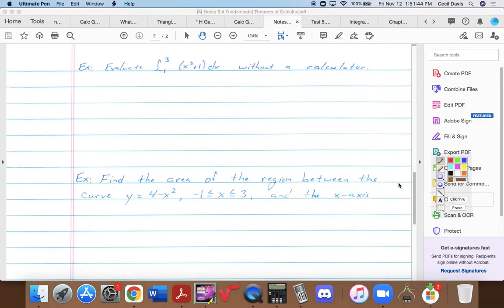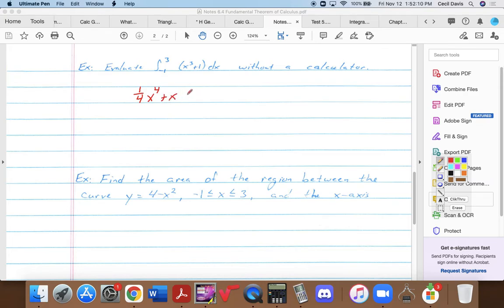So, in order to do that, for this, we need to think of, well, what can I take the derivative of and end with x cubed plus 1? 1/3... wait, no. 1/4 x to the fourth, plus x.